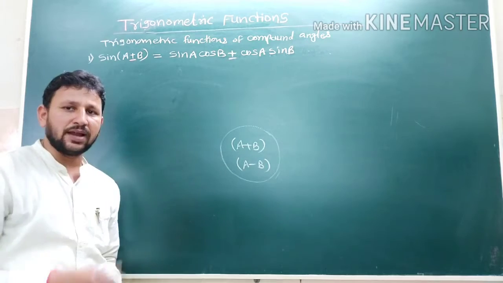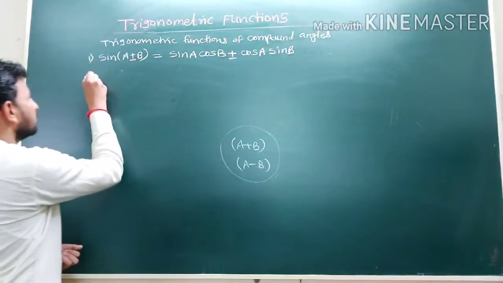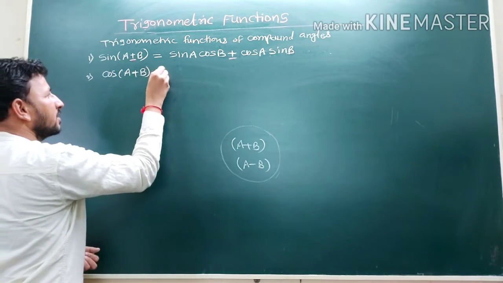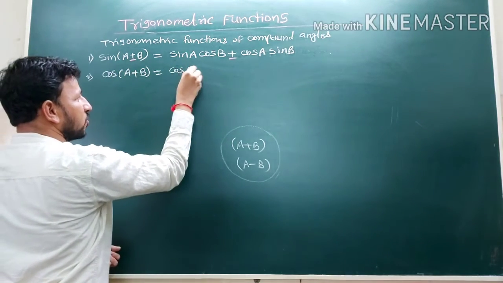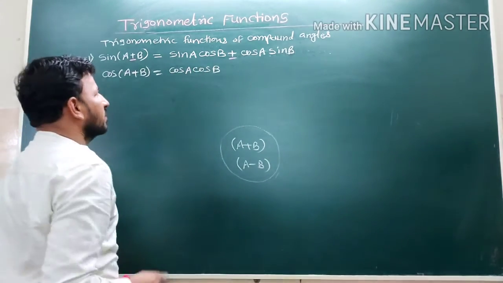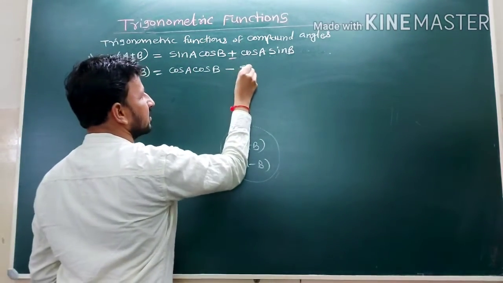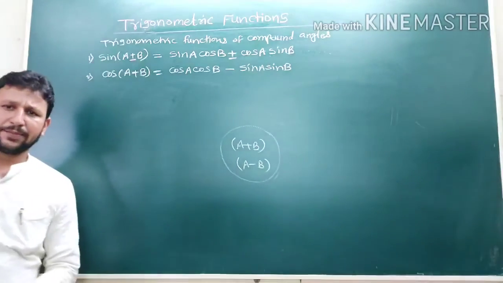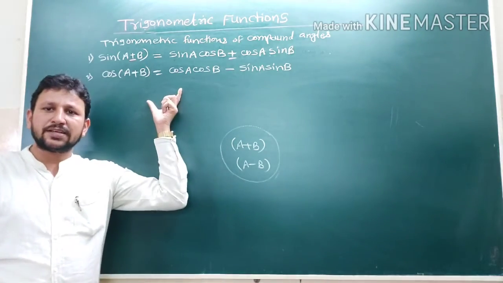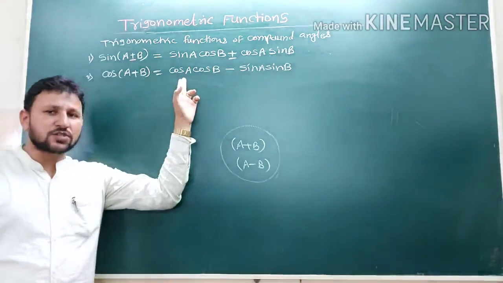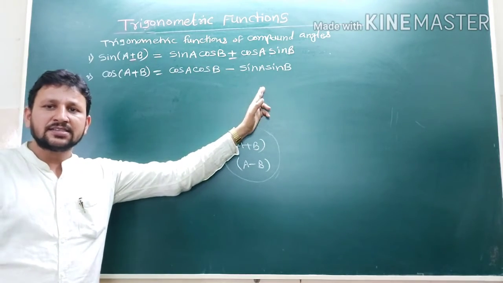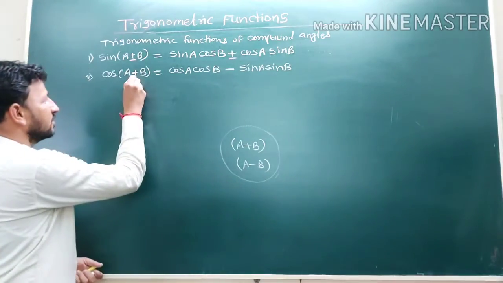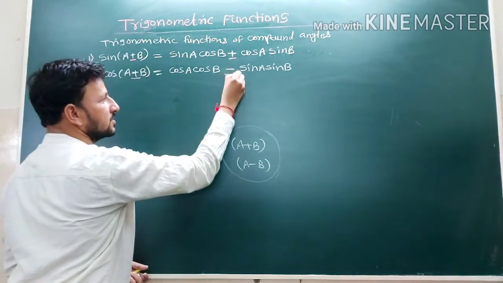Then see the second formula, for the cos function of compound angles. Cos of angle A plus B: both are cos, that is cos A cos B, here minus, sin A into sin B. I repeat the formula again: cos of A plus B is expressed as cos A cos B minus sin A sin B. Next, the formula for the subtraction A minus B. So A minus B, here minus, so here it changes to plus.